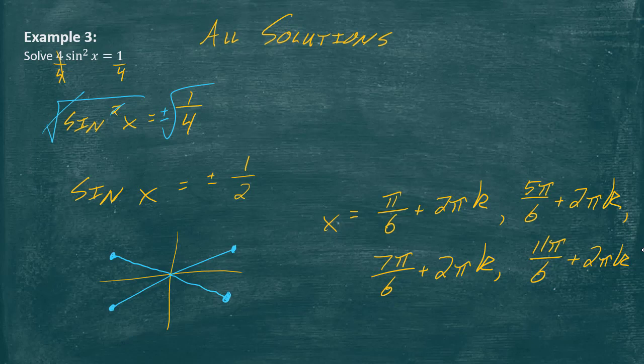Again, if I wanted to, I could answer this one in degrees. This one didn't technically force me to answer in radians. I just made that decision, mainly because the other examples were already in radians, so why not stick with that? But I actually could have answered all of these based on how this was presented in degree format, so I could have said something like 30 degrees plus 360k, 150 degrees plus 360k, 210 plus 360k, and then 330 plus 360k.